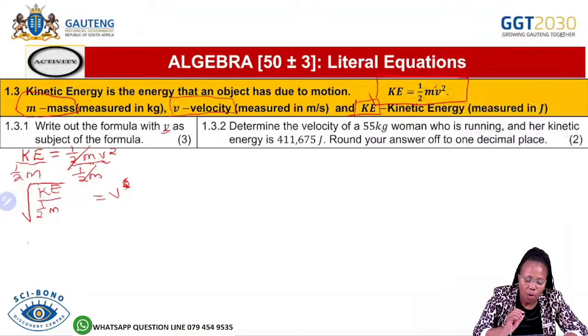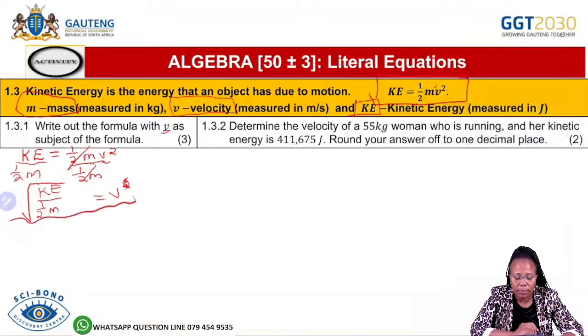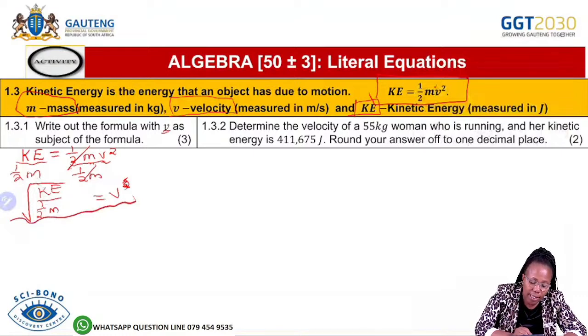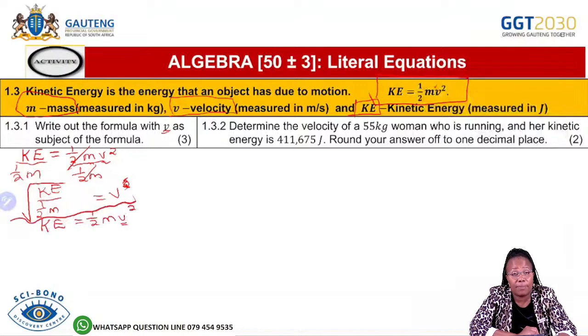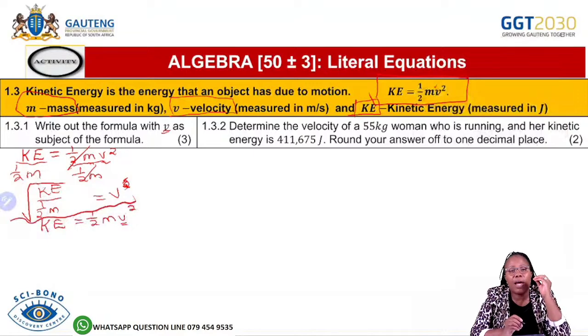Alternatively, if you don't do it like that, let's start again from scratch. Ke is equal to half mv squared. Remember, our target is that v there. So one learner can see that I can multiply by 2 on both sides in order to get rid of a half.